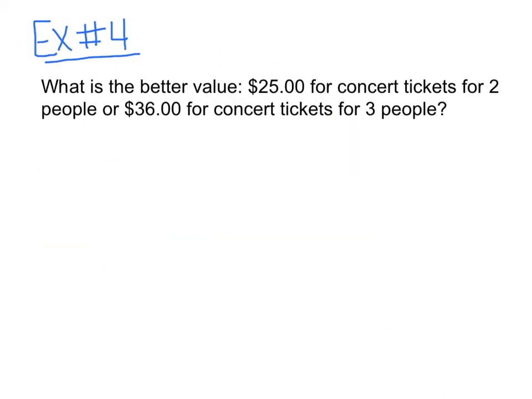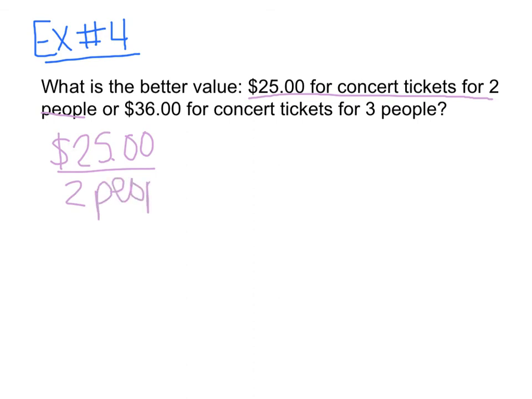Example number 4, which is the better value? $25 for concert tickets for 2 people. So $25 for 2 people, or $36 for concert tickets for 3 people.